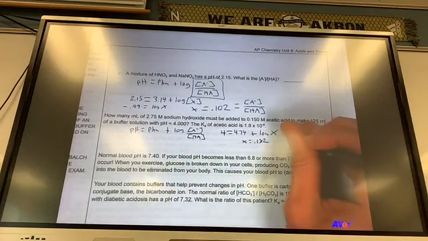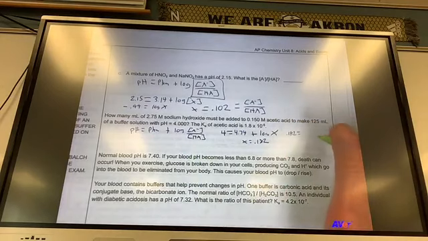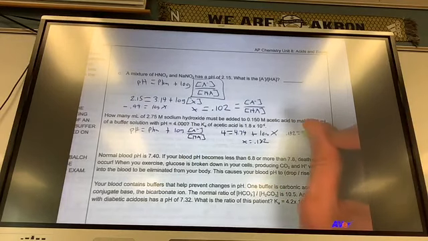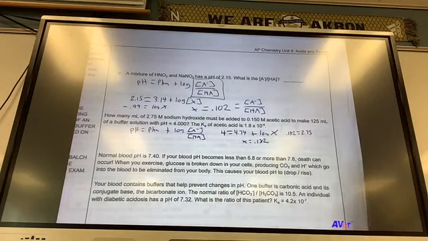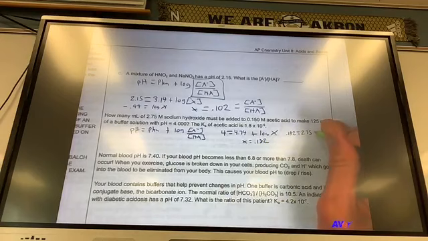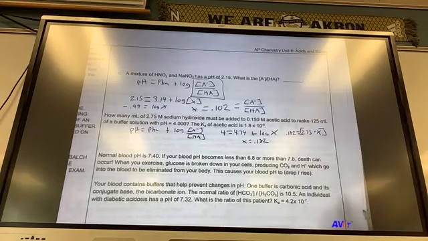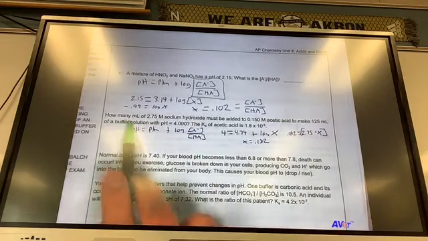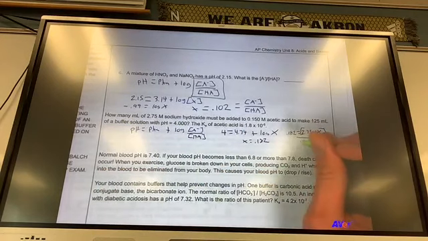So 0.182 equals my, let's see, 2.75, I solve for x. 0.275 times x. X is what I'm solving for because I want to know the milliliters of sodium hydroxide divided by 0.150 times 125.